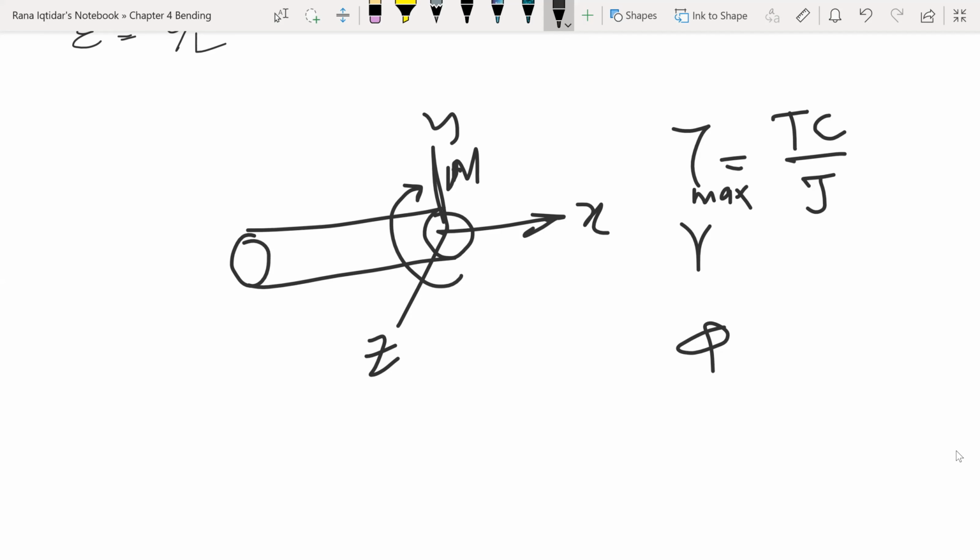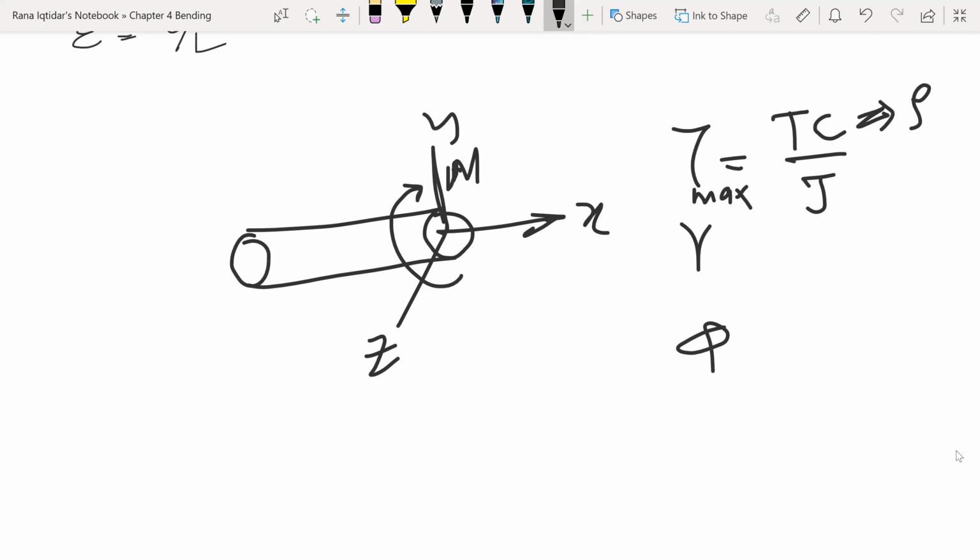Otherwise, if it is not at C, means outermost periphery of the rod, so we can go for the Y or the rho, right? And J was the polar moment of inertia.